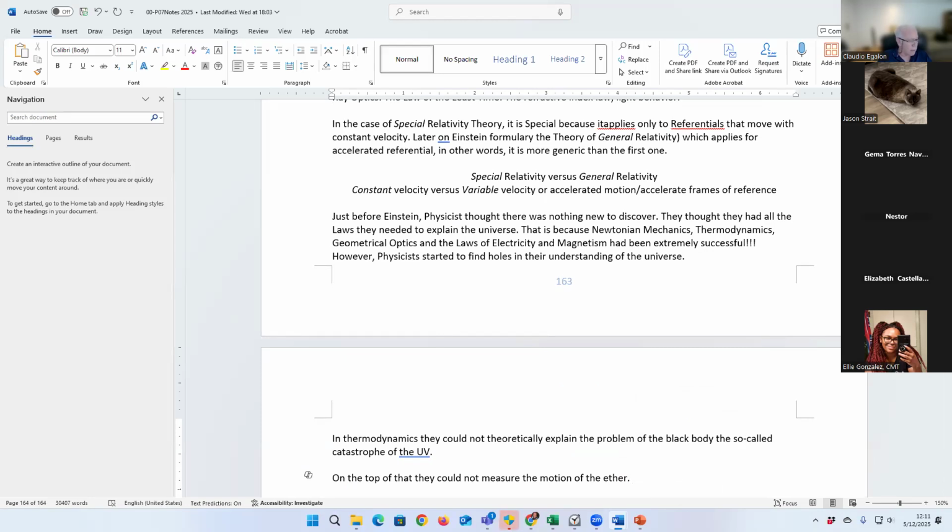At the time, and that's related to Einstein's theory, scientists believed that the vacuum of outer space was filled with an ethereal substance that was required for light to propagate, okay?